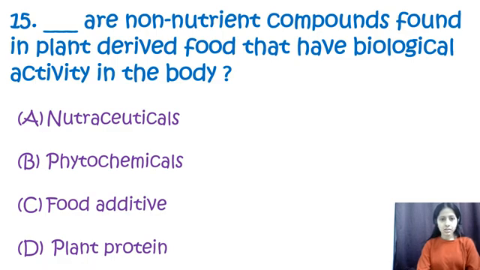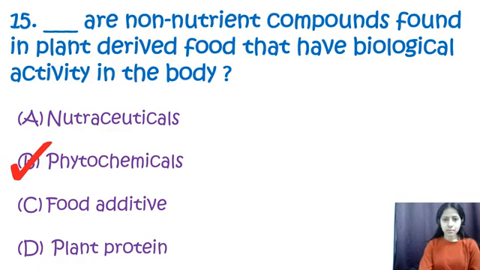So next, question number 15. What are non-nutrient compounds found in plant derived foods that have biological activity in the body? Option A, nutraceuticals. Option B, phytochemicals. Option C, food additives. And option D, plant proteins. So the correct answer is option number B, that is phytochemicals.